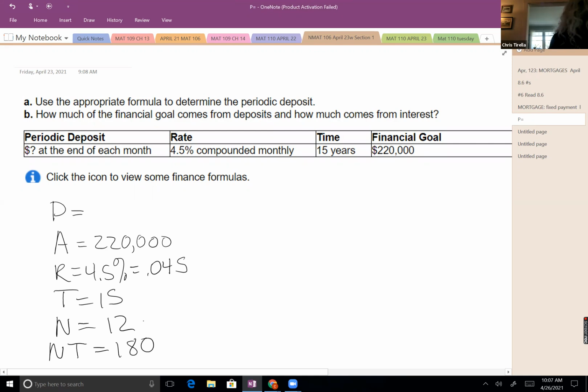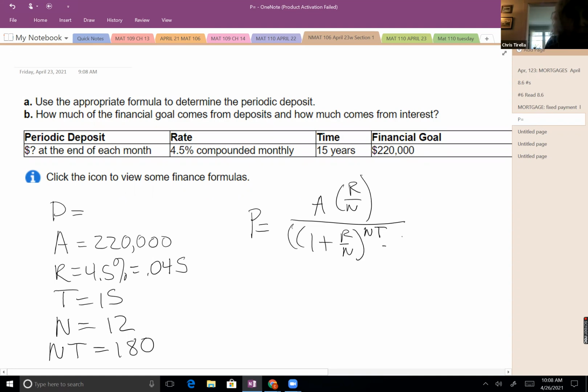Give me just a minute. Make sure I look up the formula. With an annuity, P is equal to A times r over n, over parentheses, 1 plus r over n, close parentheses, to the nt, minus 1.